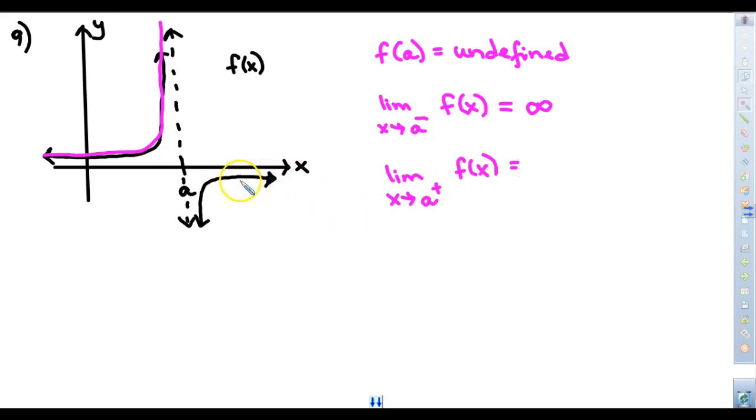Okay, let's come over here to your graph on the right side. As x approaches a, y keeps going down, down, down forever. Negative infinity. Okay? All right? Infinity and negative infinity, they describe behavior. They don't tell you what a limit is. Okay? So your limit here does not exist.